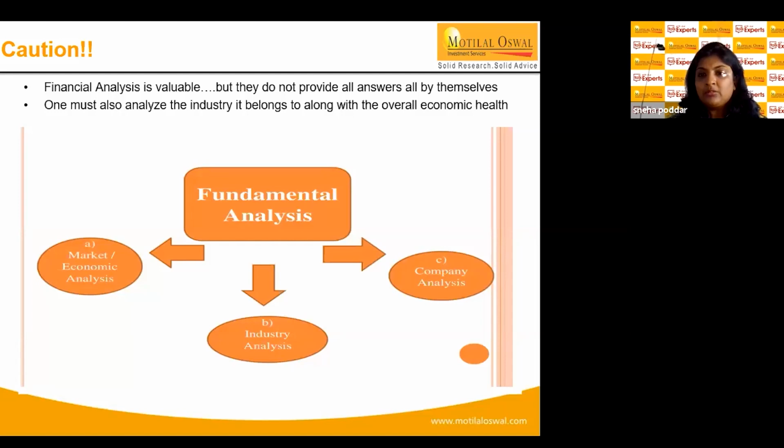You'll have to look very broadly at the macro picture and then come down to the company level as to how these macro things would affect the company. Everything should be looked at in tandem: the macro factors, micro factors, and then the financial ratios.